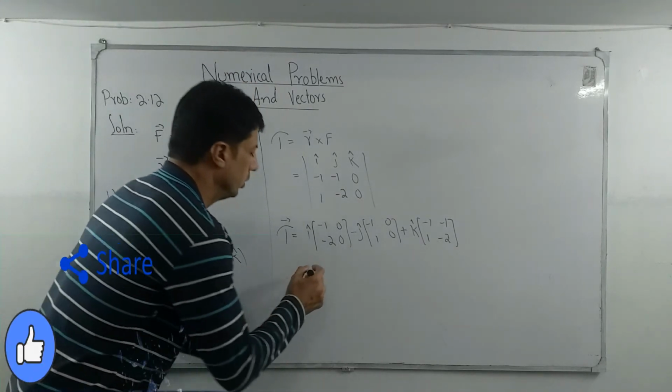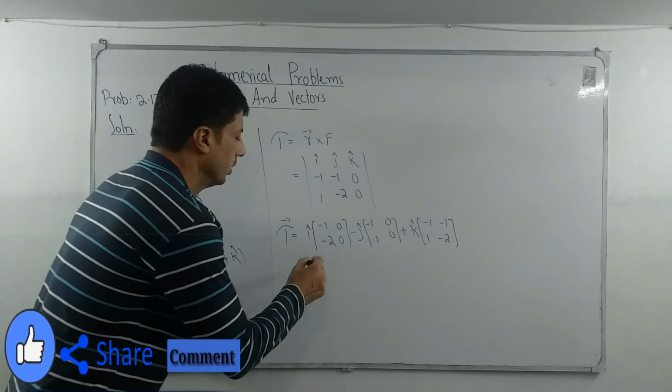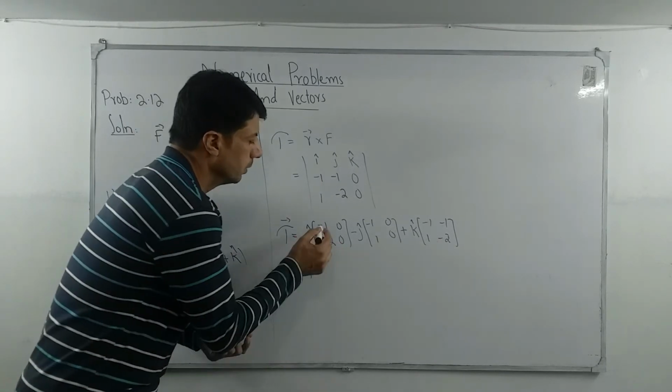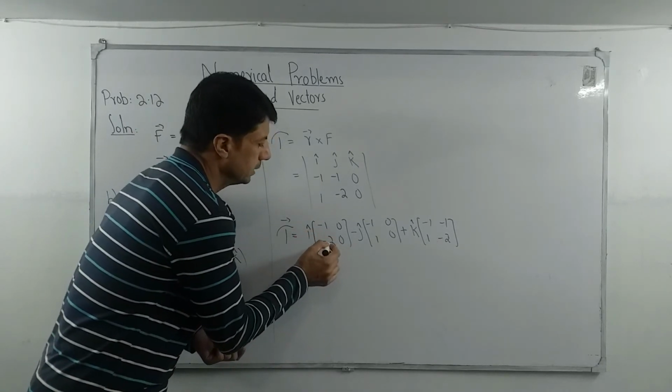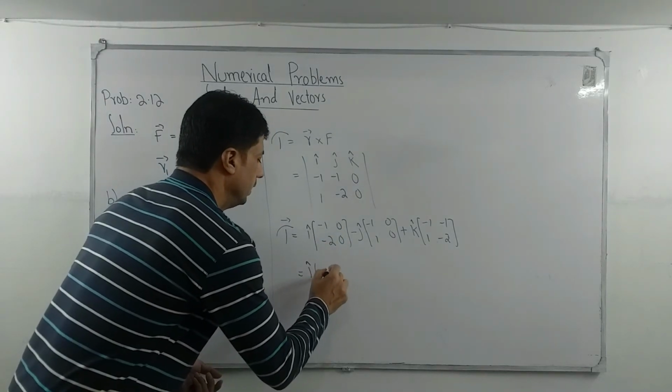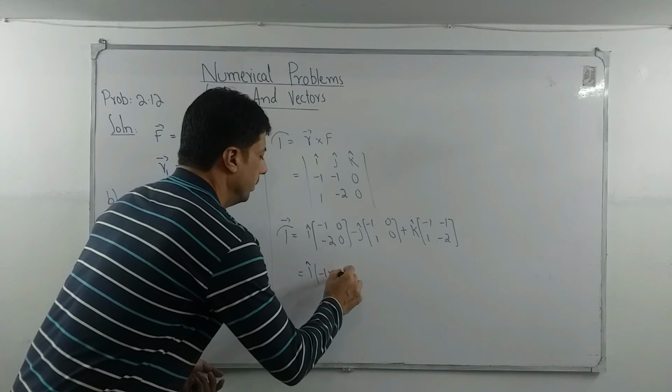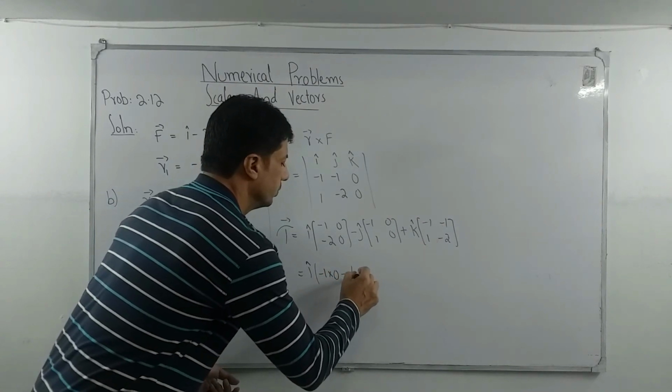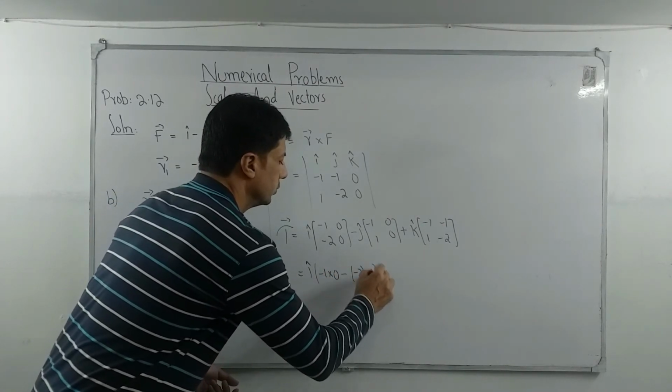Okay, now use these matrices and solve. How can we solve this matrix? The product of this diagonal minus the product of this diagonal. So, minus 1 multiplied by 0 minus 2 multiplied by 0.